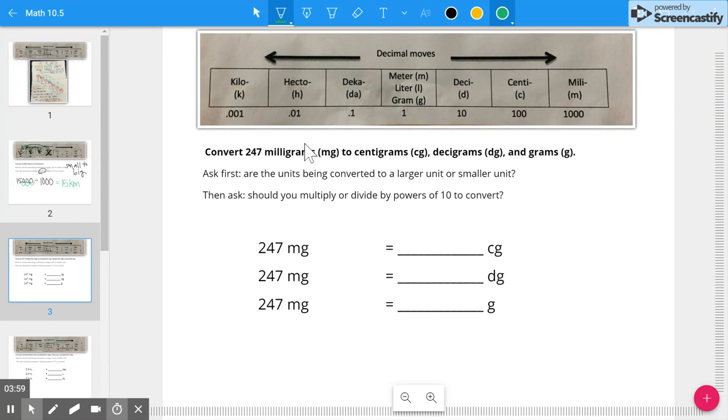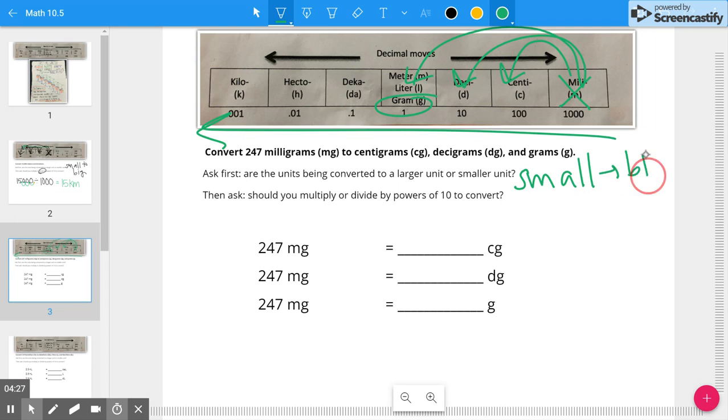If I'm starting at milligrams, milli is here. And if I'm moving to centigrams, and then moving to decigrams, and then moving to grams, which is right here, am I moving small to big or big to small? Well, moving this way is moving big. So I'm moving small to big.